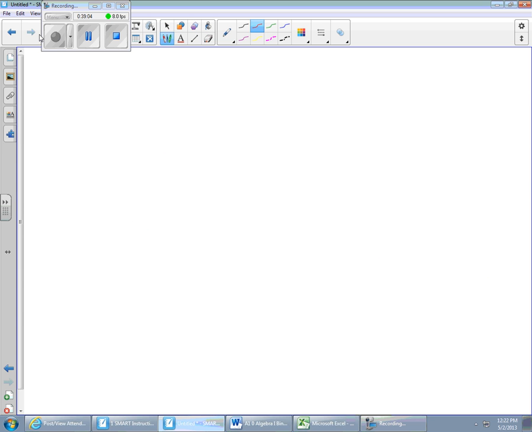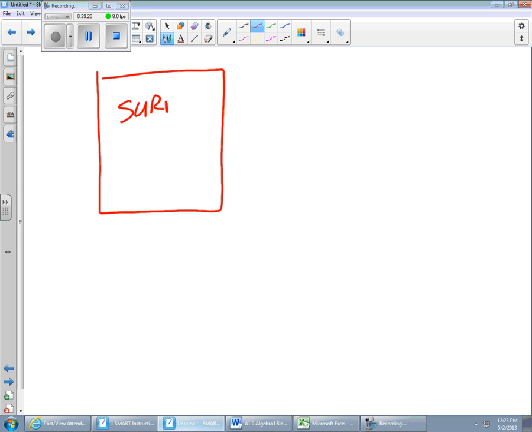Down at the bottom of the left-hand page, you have a colored foldable, and it's got a pocket inside of it. On the cover of your foldable, what I want you to write down there is surface area or volume.